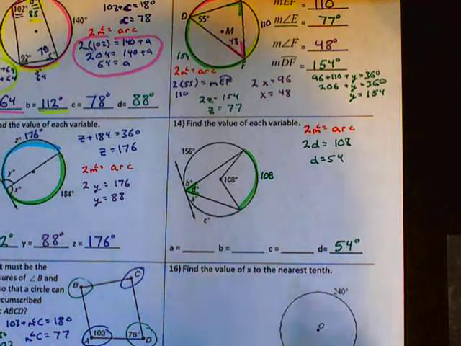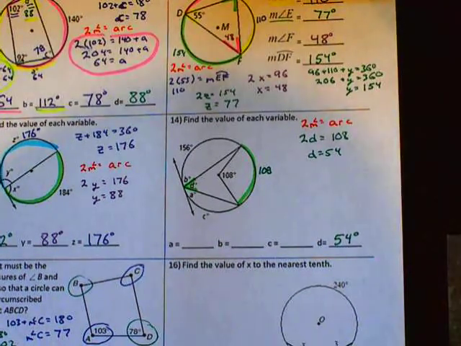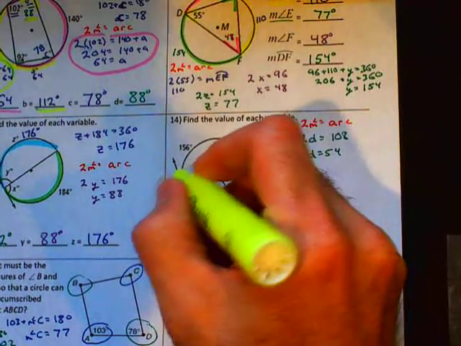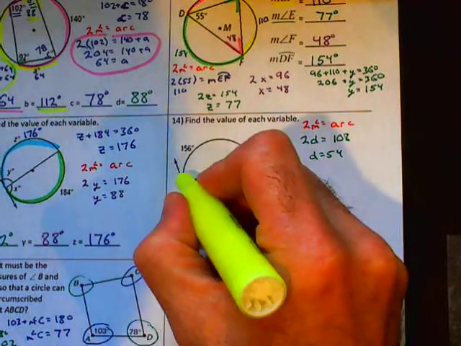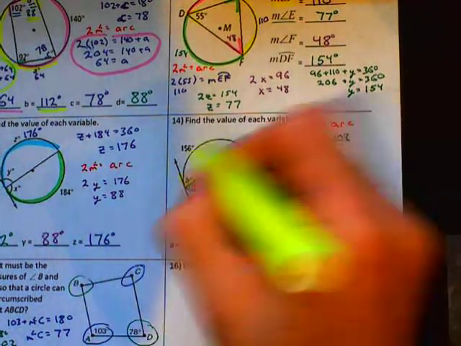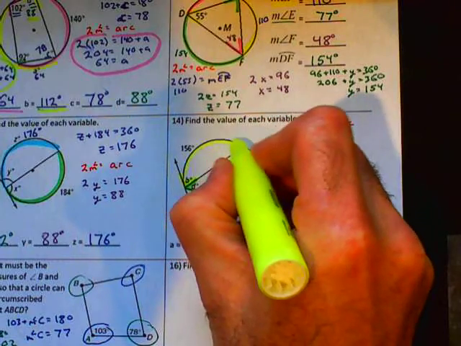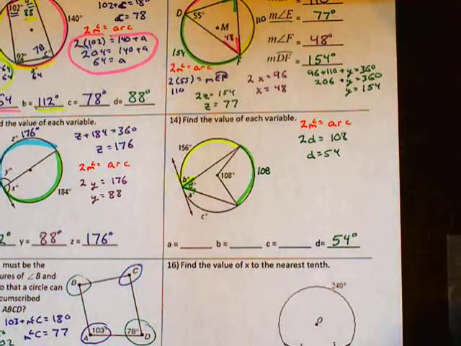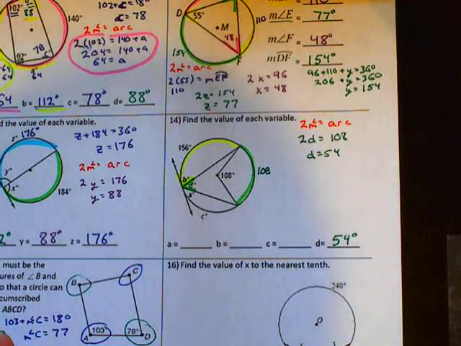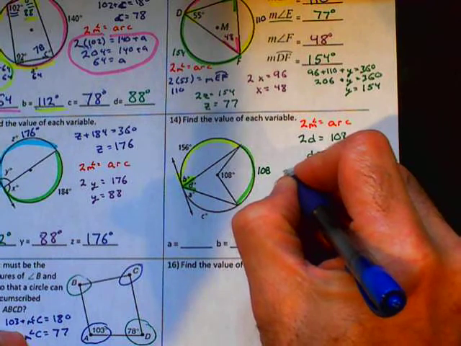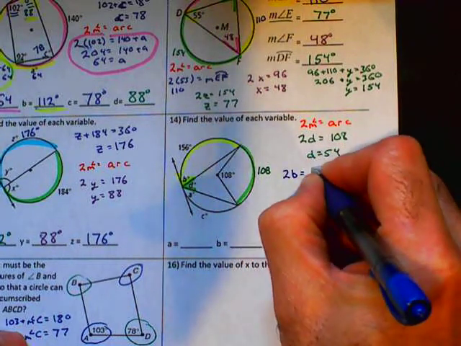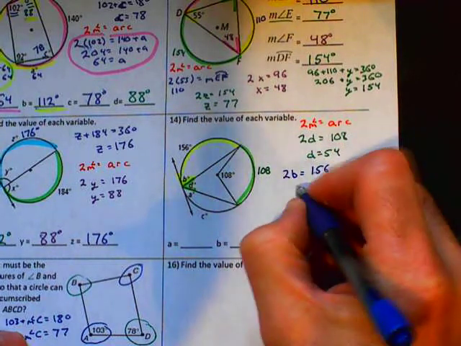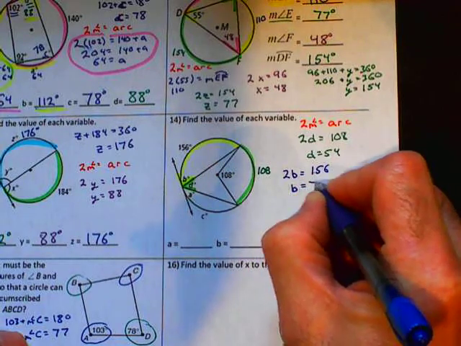I also know that this B, that inscribed angle, is intercepting that arc. So now I can use 2B equals 156. So B equals 78.